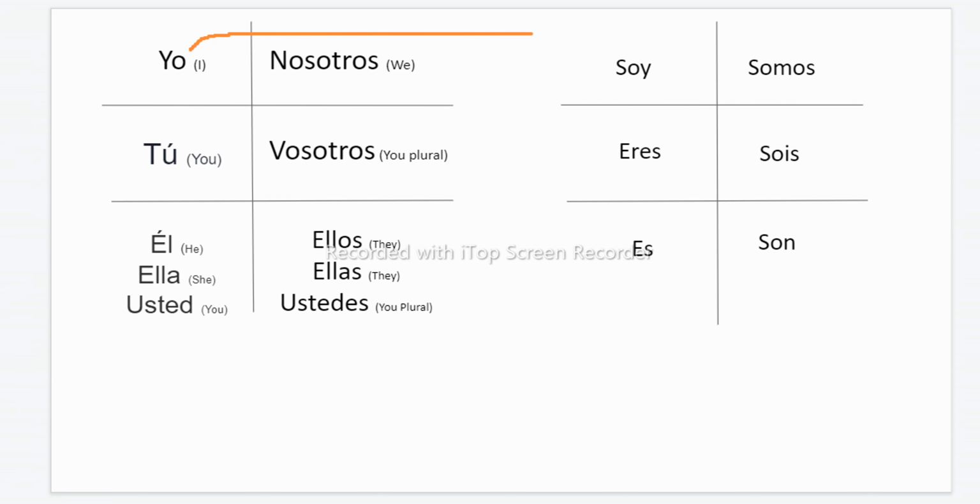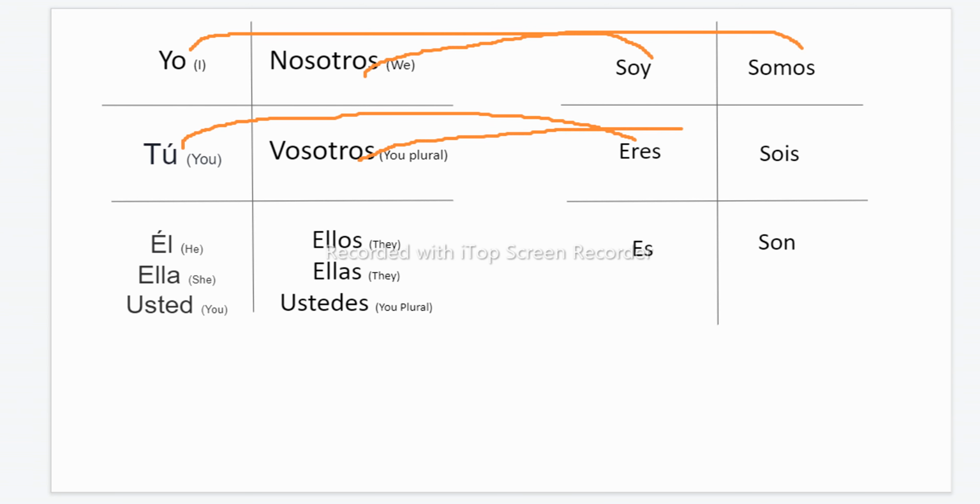In the same way we have to use them. Nosotros will be used with somos, vosotros will be used with sois, él will be used with es, ella would be used with es, usted will be used with es. In the same way, ellos, ellas, ustedes will be used with son. So this is the way you have to use it.